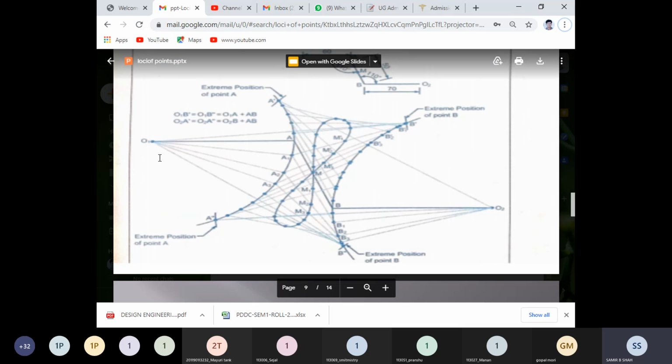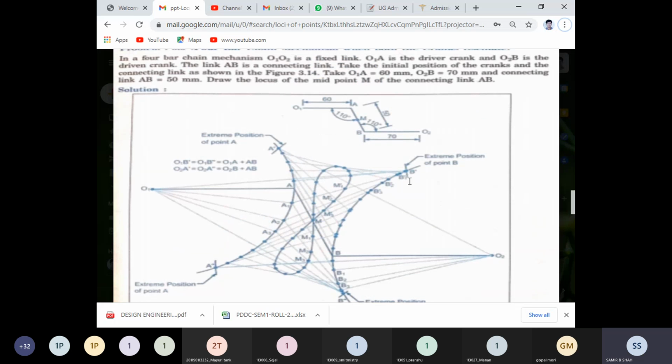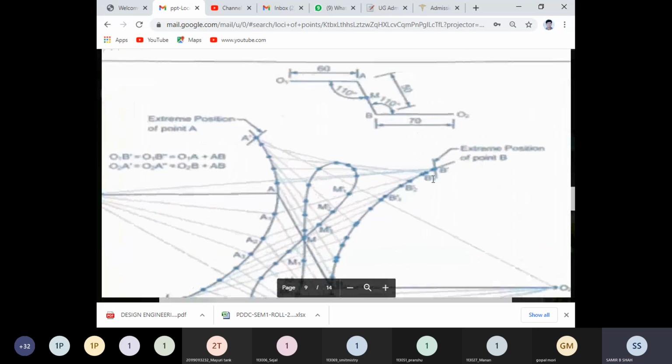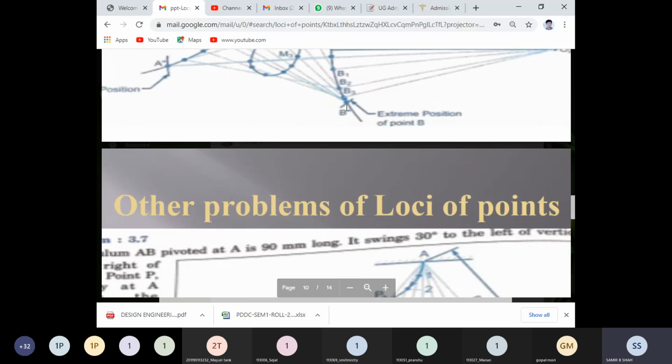So take O1 as a center and radius equal to 60 plus 50, that means 110, and get two arcs cutting the locus of B at B dash and B double dash.